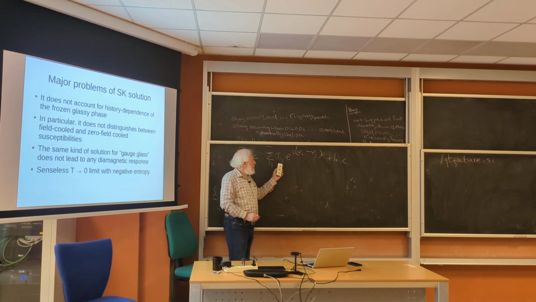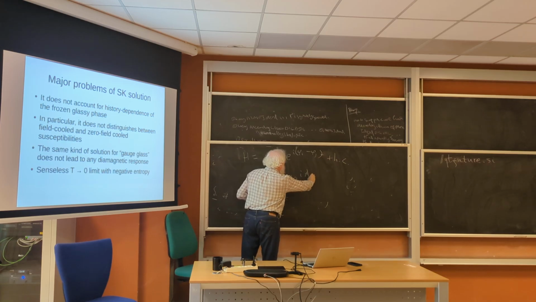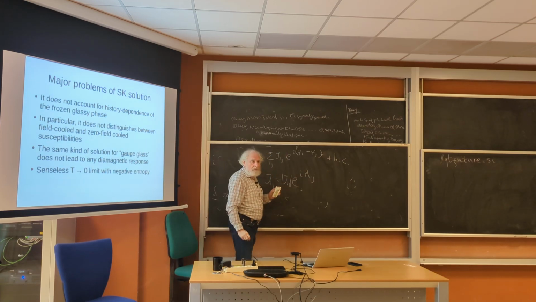Now, if you introduce an additional external magnetic field, then this J becomes J modulus, and here some random phases, which come from the vector potential of the magnetic field. If the magnetic field is sufficiently strong, you have a matrix with elements that is just a Hermitian random matrix.